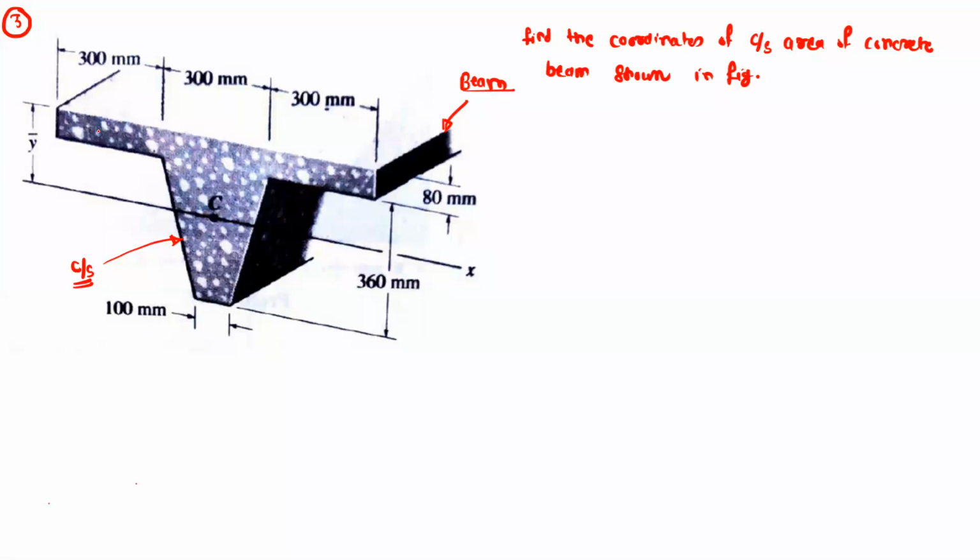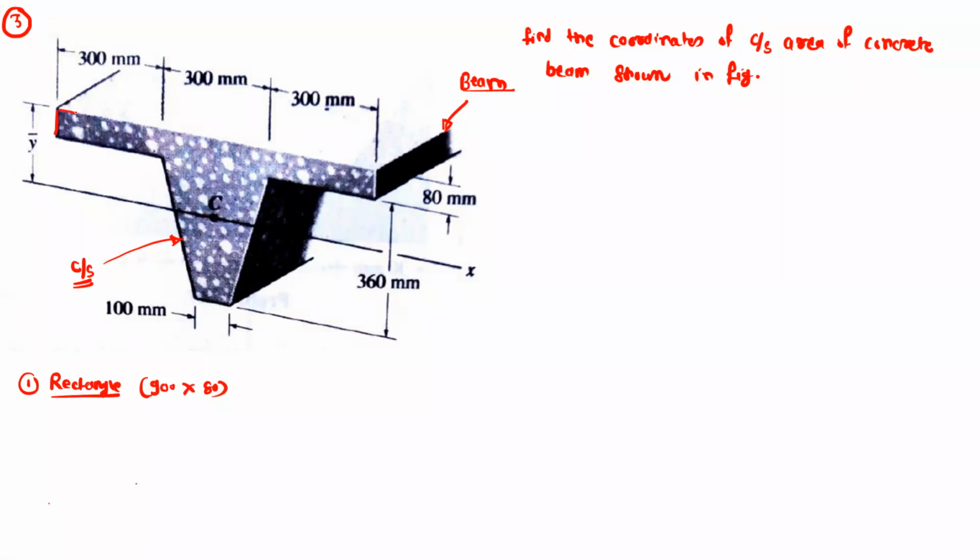Okay, so observe the first geometry. We will select a rectangle. This rectangle will have the dimension 900 by 80 mm.